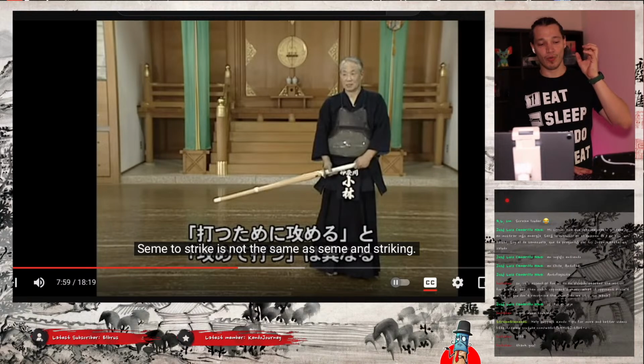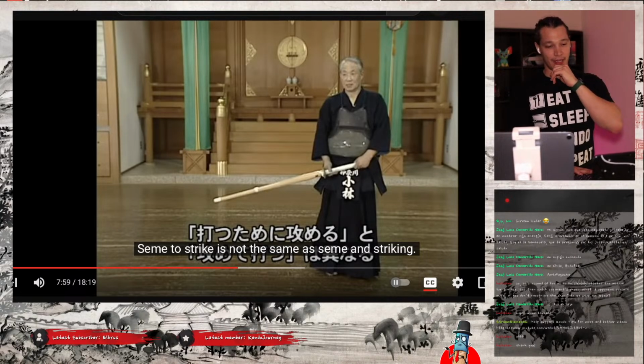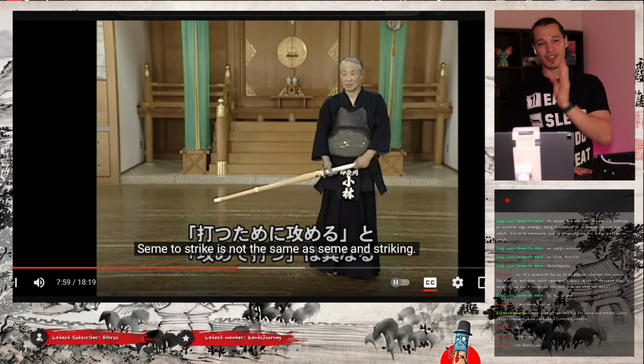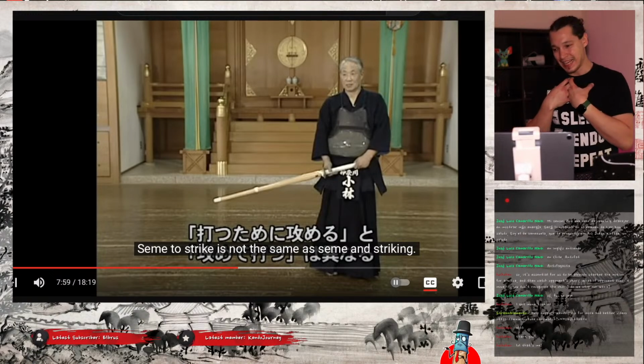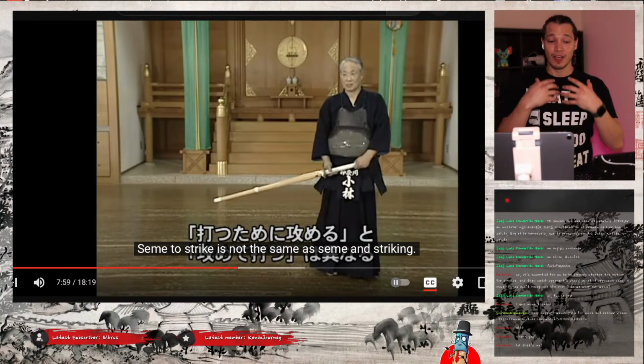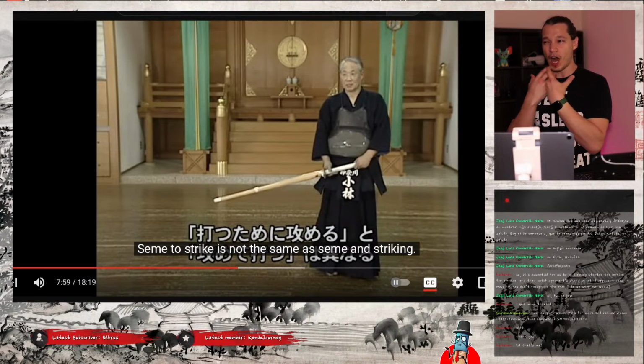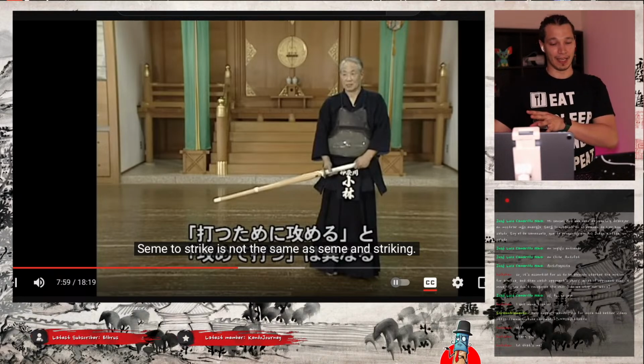I don't know who knows Maeda Sensei from the US. He is the president of the United States Kendo Federation. I remember some years ago during practice, he told me that at the end of seme, there is the strike. This is what it means to me: you have to have the mentality that you're coming into seme, and the result of your seme is going to lead you to a successful technique.